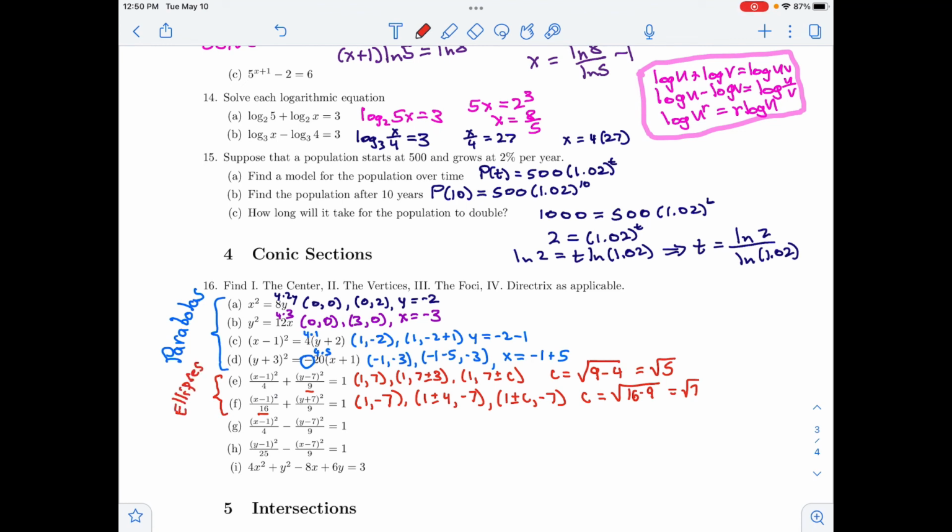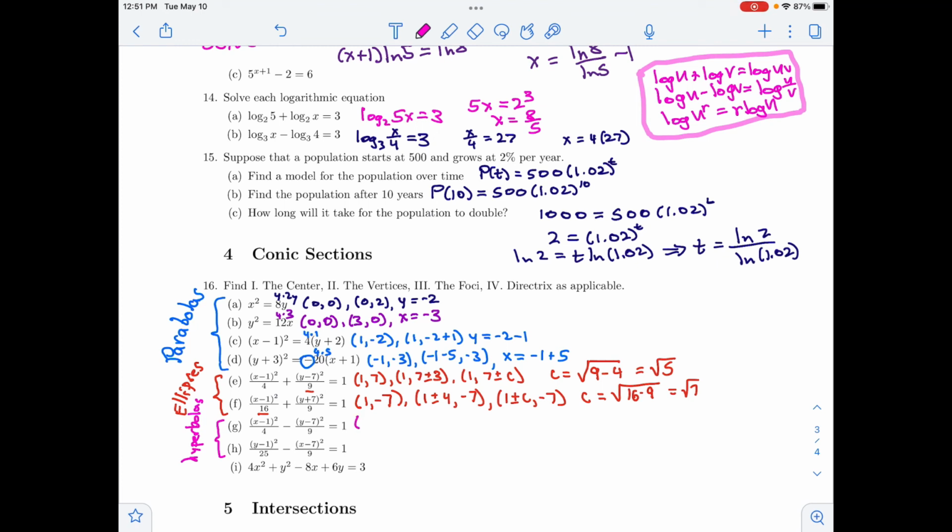Okay, then we have hyperbolas. And we recognize the hyperbolas because they've got a minus between. So, hyperbola. Okay, so here's what we've got. The positive number, the positive is the x term.